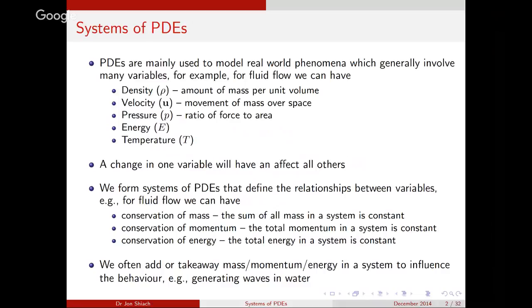Essentially, if we look at fluid flow, which is what I'm going to base this lecture on, we have three assumptions we're going to make, or three laws which we're going to apply. One is conservation of mass. This means that over our domain, the amount of fluid in our domain is going to be constant.